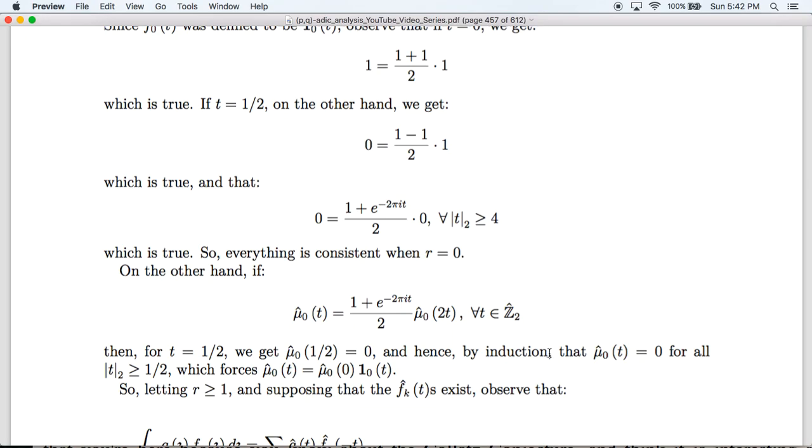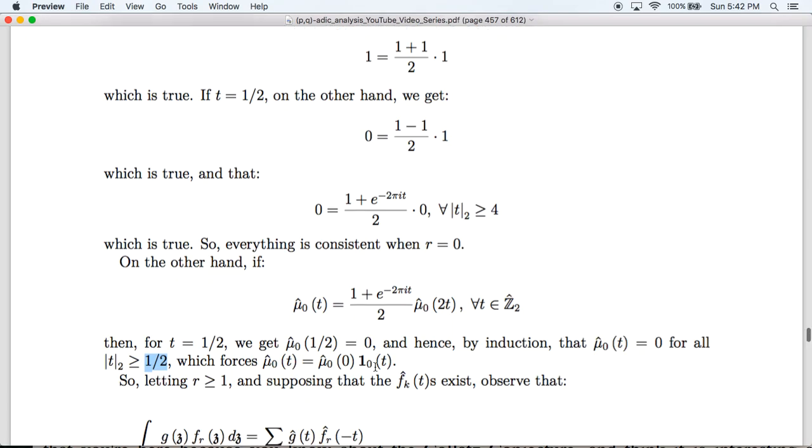And then by induction, we have that mu hat 0 of t equals 0 for all t with a 2-adic absolute value greater than or equal to, this should be a 2, not a 1/2. And so this means that mu 0 hat vanishes everywhere except at t equals 0, which means that mu 0 hat of t is a constant multiple of the indicator function of 0.